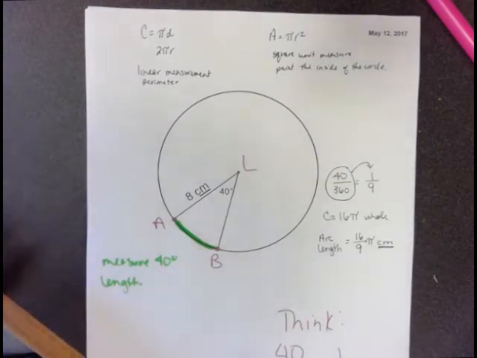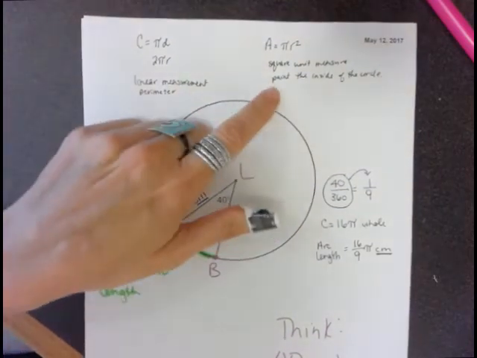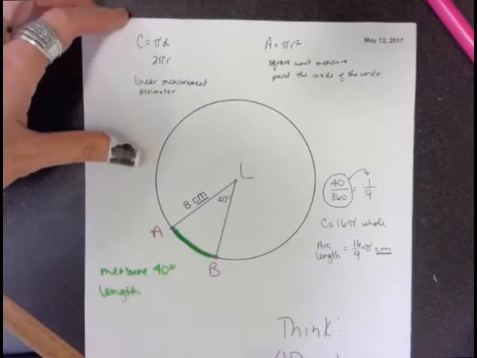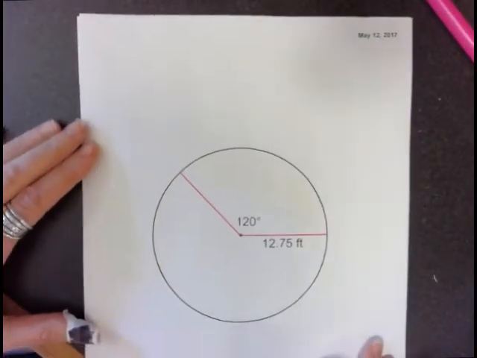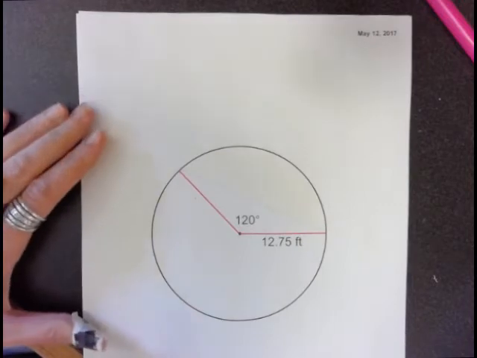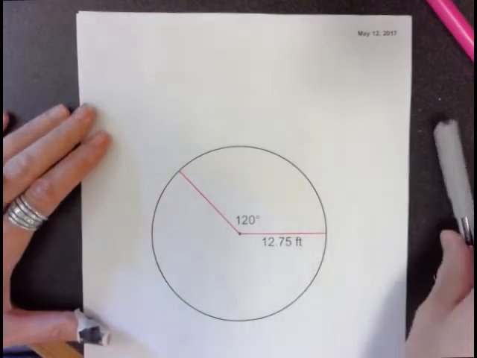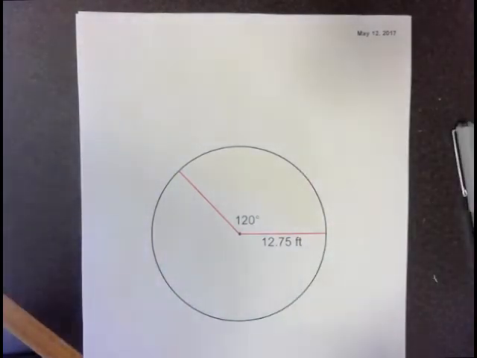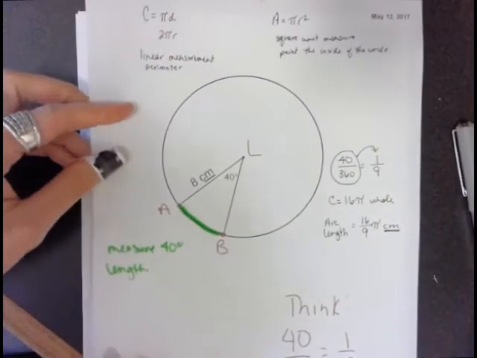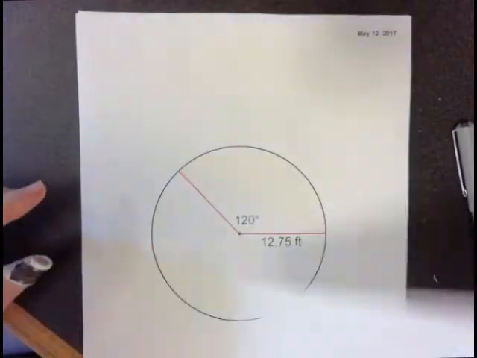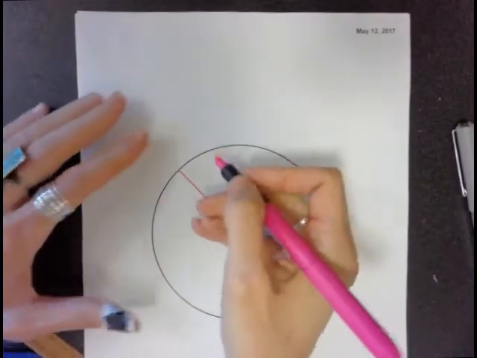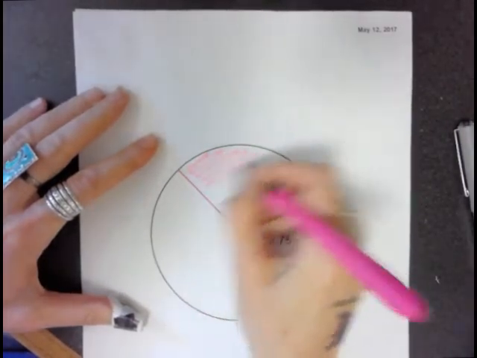So why do we need to know area? Well, we're going to look at this as an area. And we're going to talk about something called a sector. And a sector, like an arc being part of the circumference, is a part of the area.